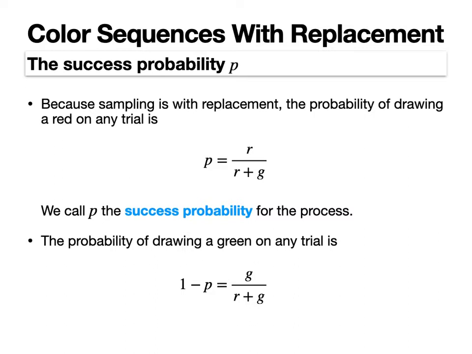So P, the success probability, is R over R plus G. And obviously 1 minus P would be the failure probability, the probability of drawing a green ball. One of the features of this example is that essentially almost everything of meaning about this process can be expressed in terms of these success probabilities P and the failure probabilities 1 minus P.